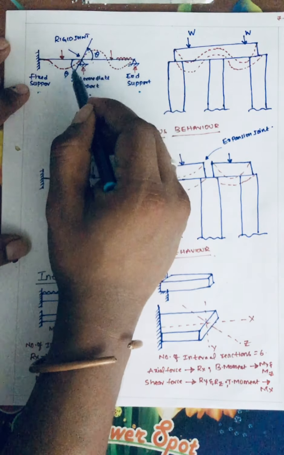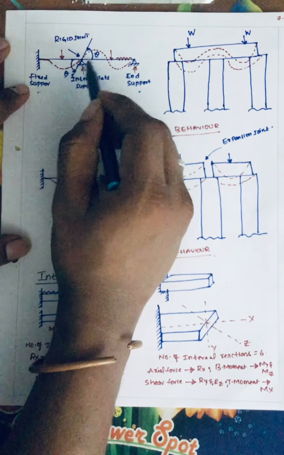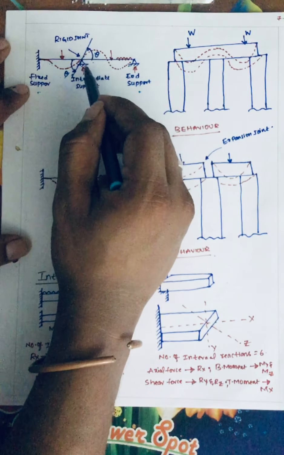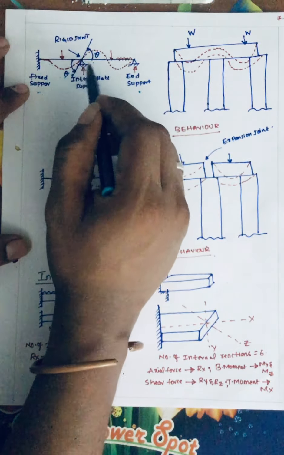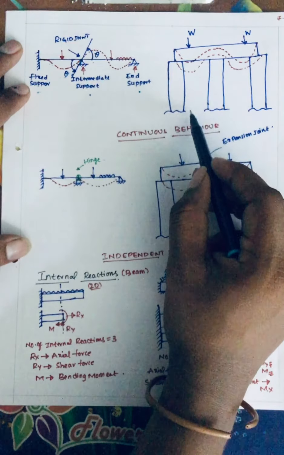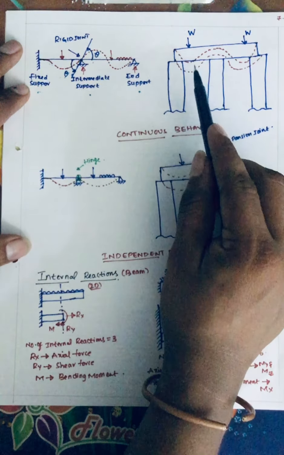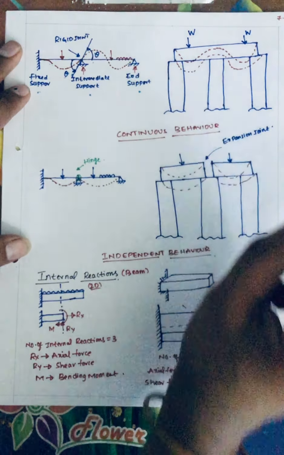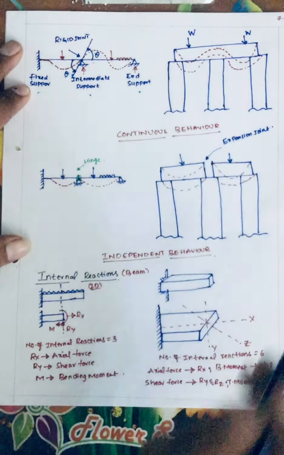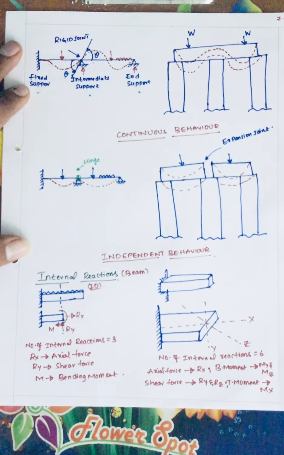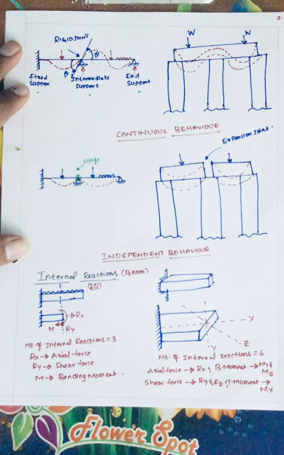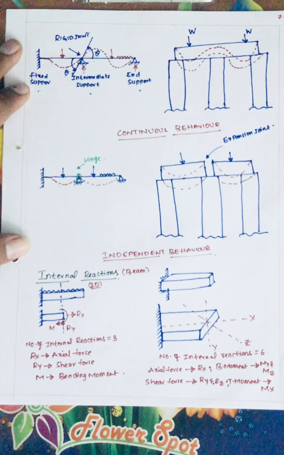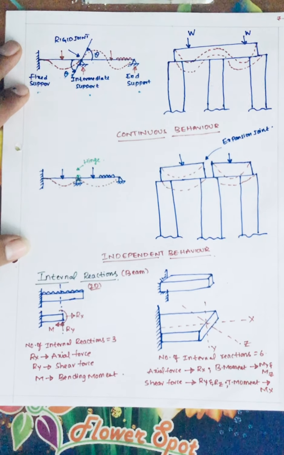Their signs may change based upon the direction, a positive sign and a negative sign. This is behaving as a rigid joint. These are the columns and a beam. This deformation is called continuous behavior, which we can see in our daily life buildings like 3-story buildings, 5-story buildings and all those buildings.